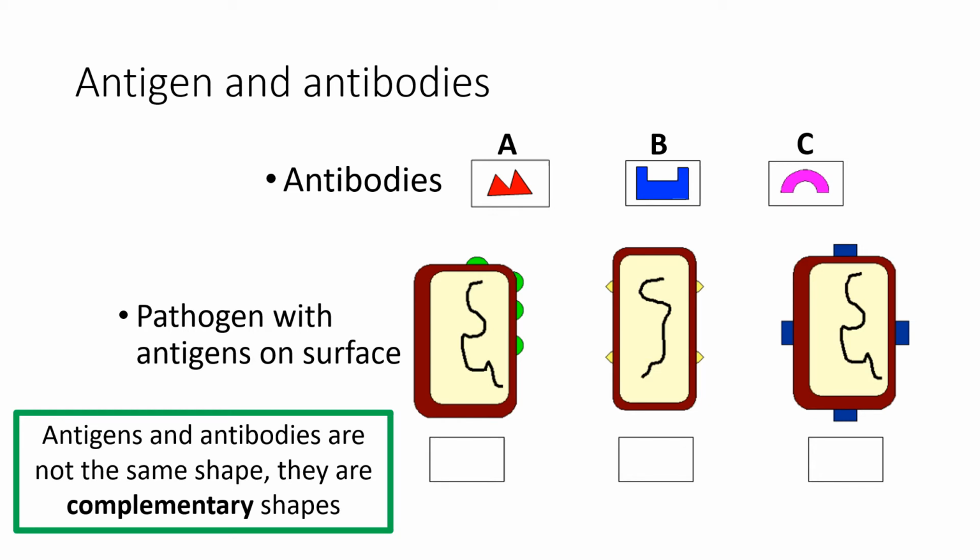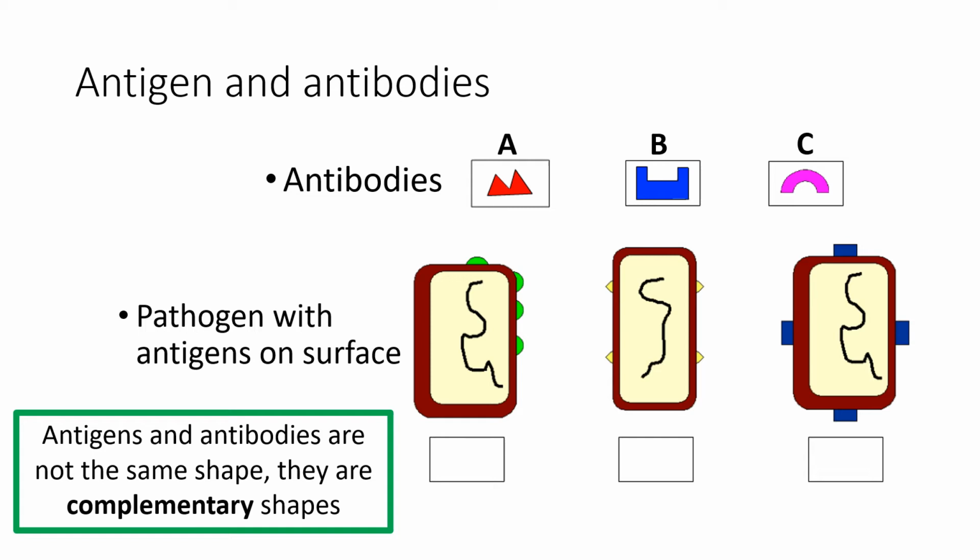And in terms of the immune system, it's this interaction between antigens on the pathogen and an antibody, which is produced by a white blood cell, that is how your body is able to specifically target the pathogen while leaving your individual cells unscathed.